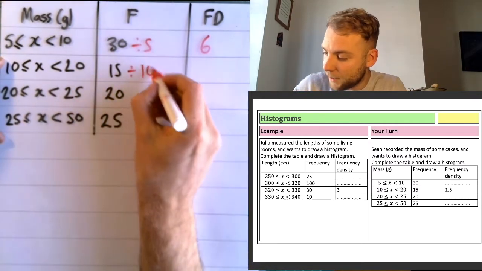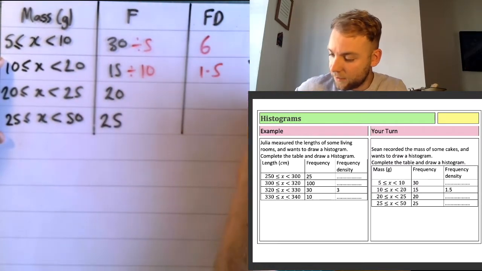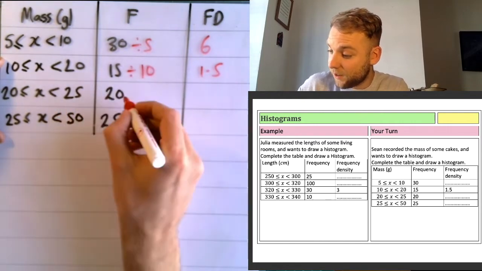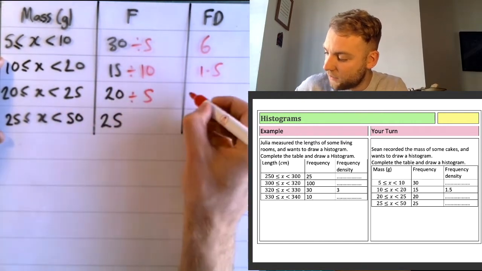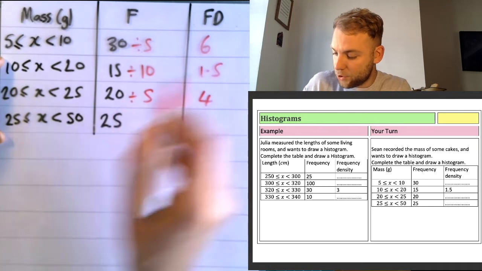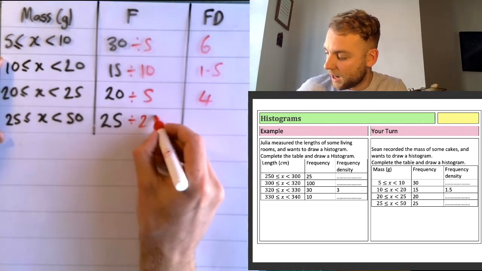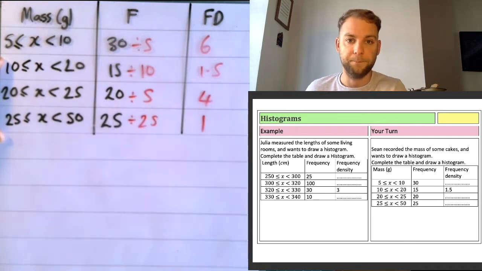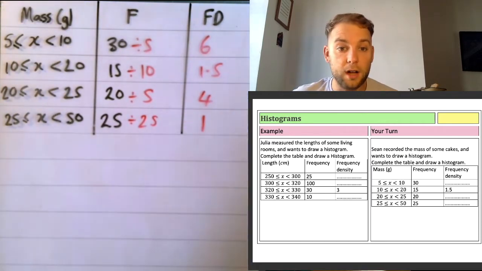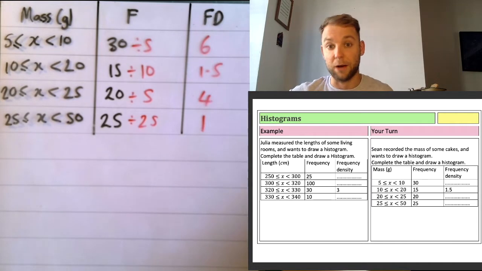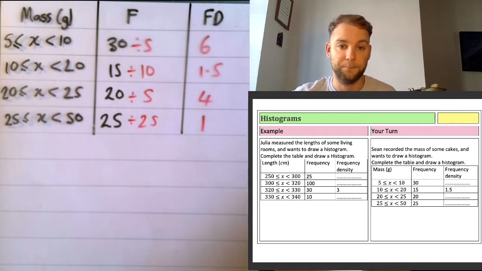So 15 divided by 10, which is 1.5. Between 20 and 25 is 5. So 20 divided by 5, which is 4. And between 25 and 50 is 25. So 25 divided by 25, which is 1. Brilliant. So we've got our table now, and now we need to draw our histogram.